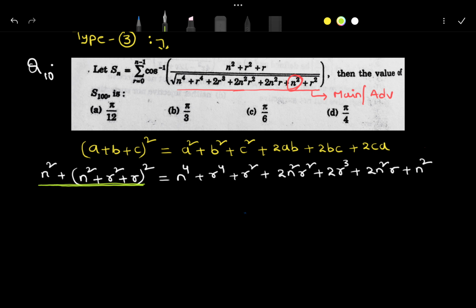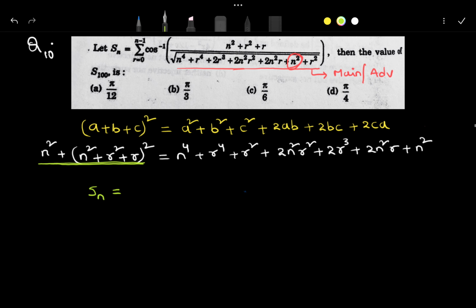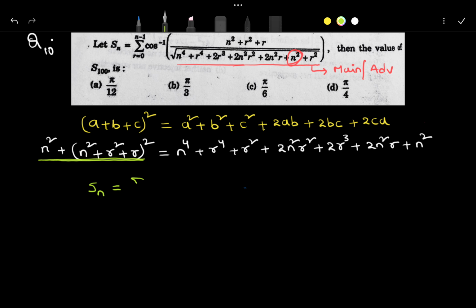So you can write that Sn is equal to the sum from r = 0 to n−1 of cos inverse of (n² + r² + r) divided by the square root of this value.